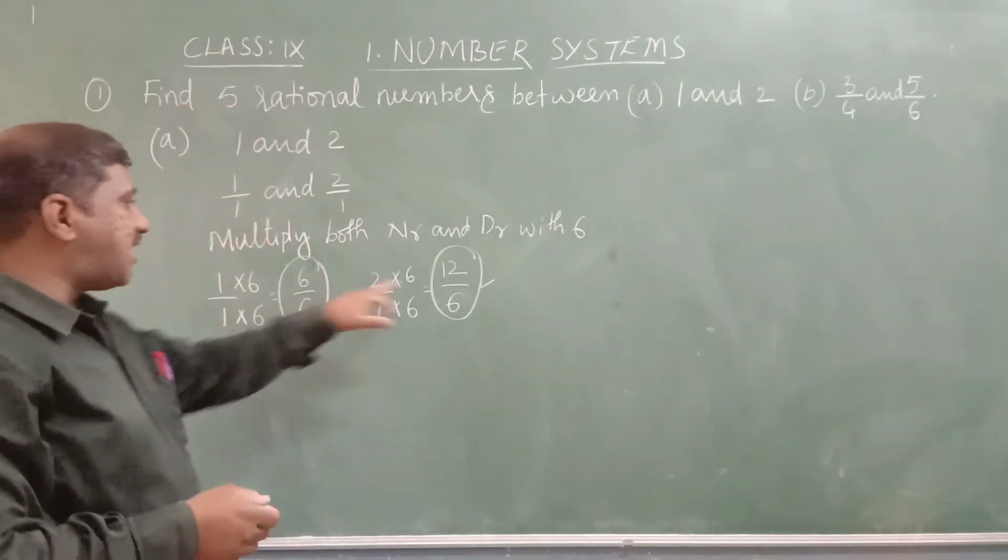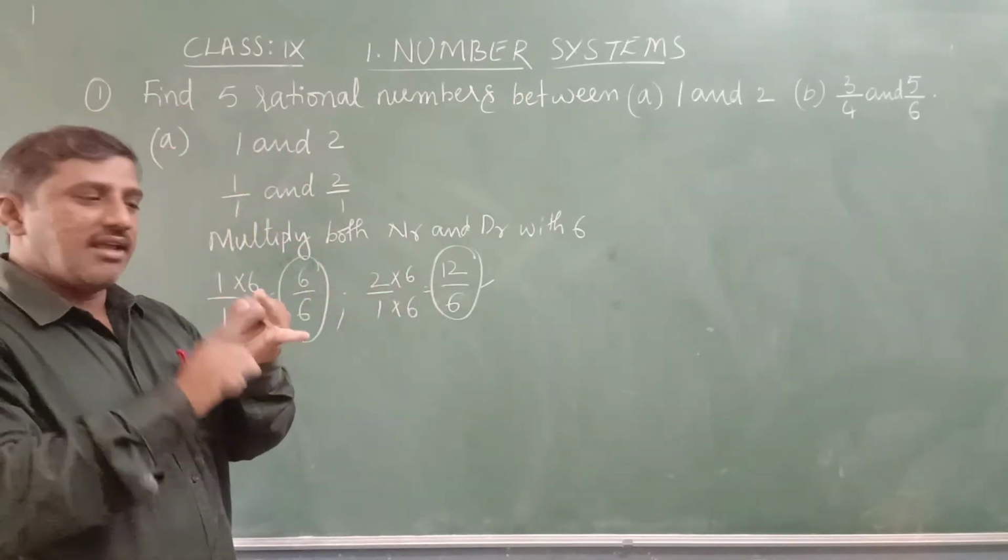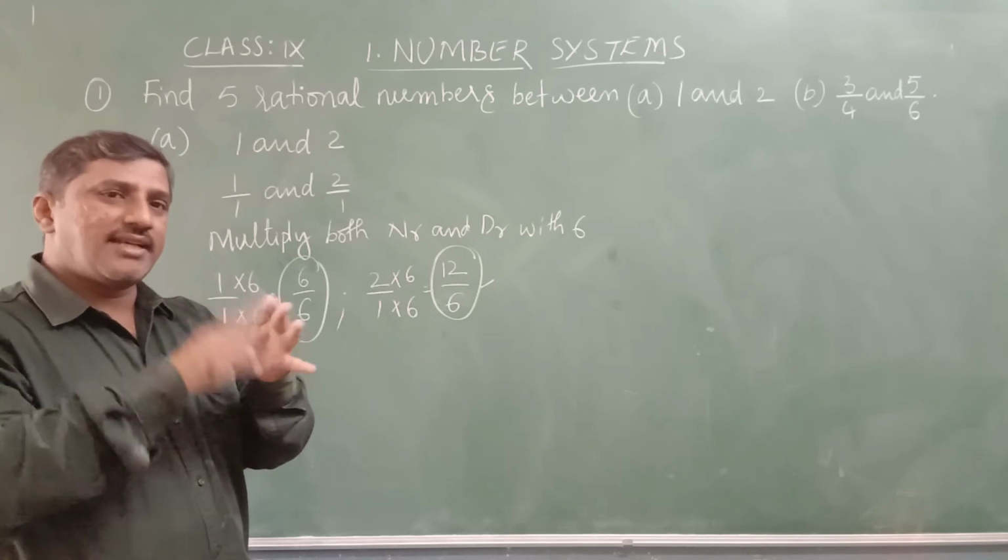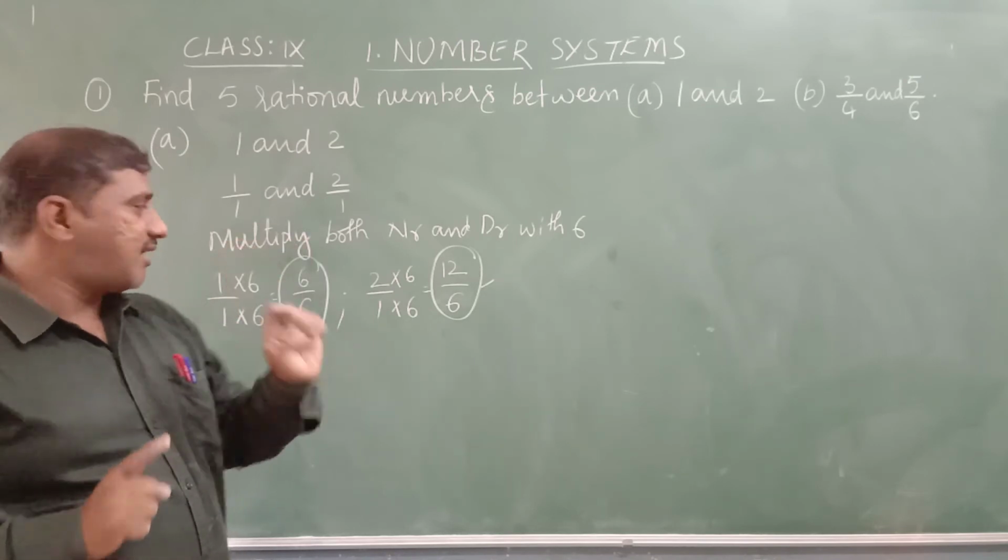So between 6 and 12 what do we have? 7, 8, 9, 10 and 11. 5 are there.